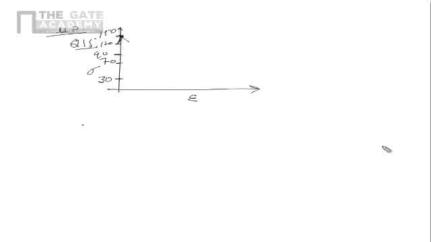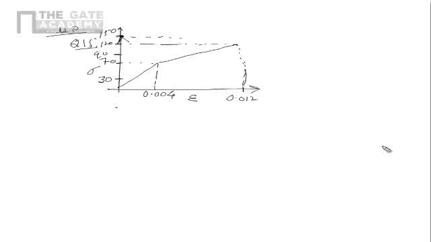And for the stress of 70, the strain is 0.004, and for the stress of 120, sorry, this is the 120 line, the strain for that is 0.012. Okay, so we have this line. Now we have to find out the value of resilience and the value of toughness for this material.